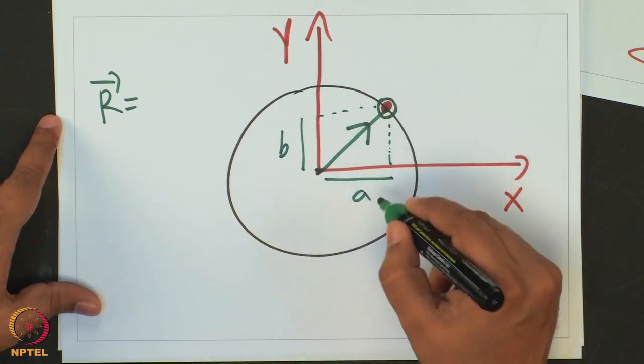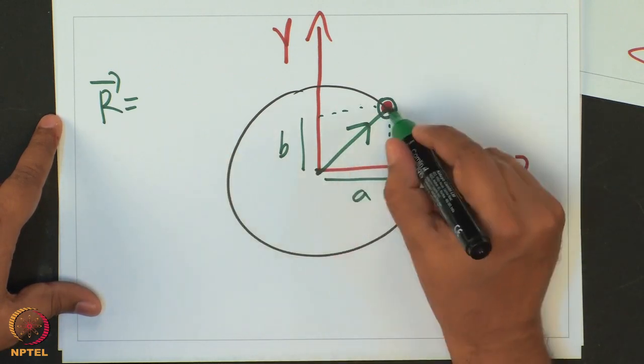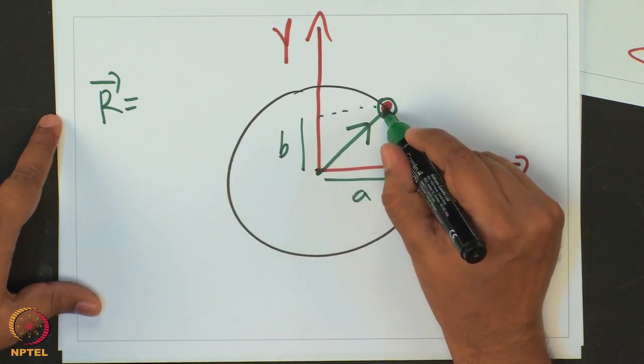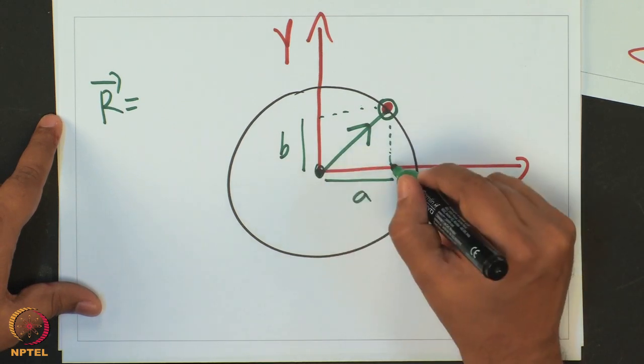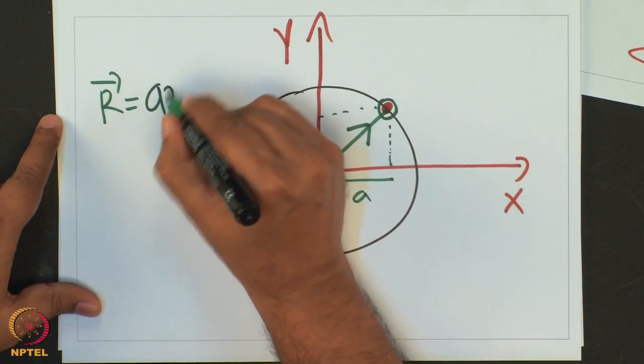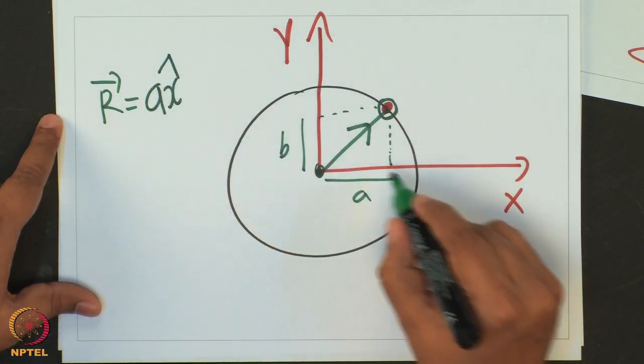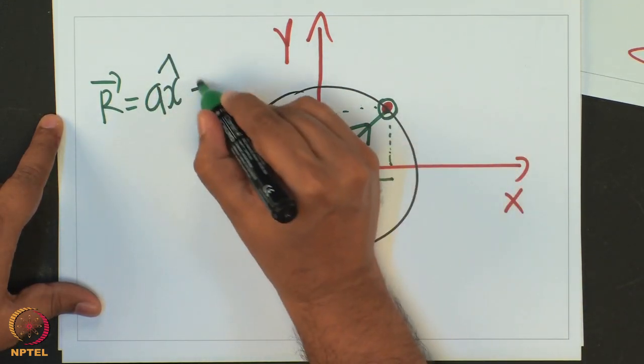To reach this position from this origin, I could go a along the x-axis and b along the y-axis.